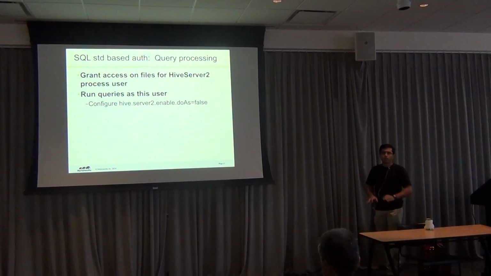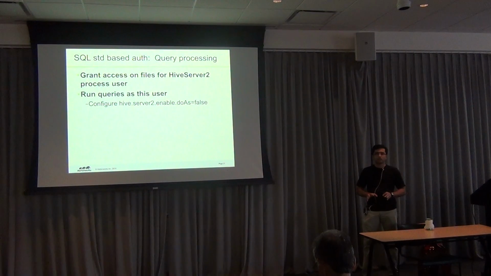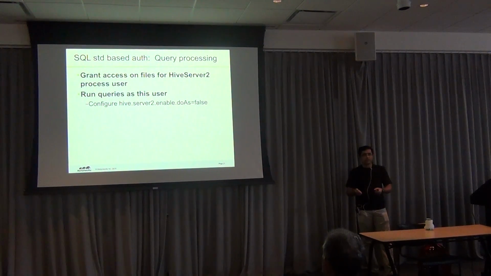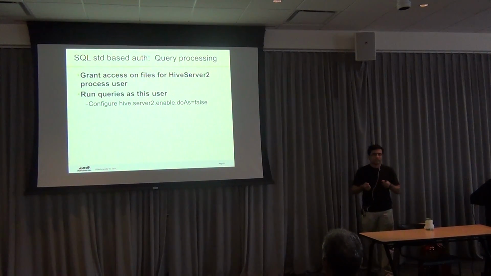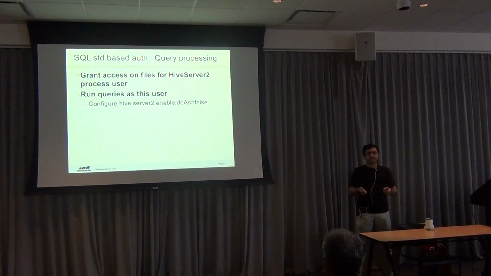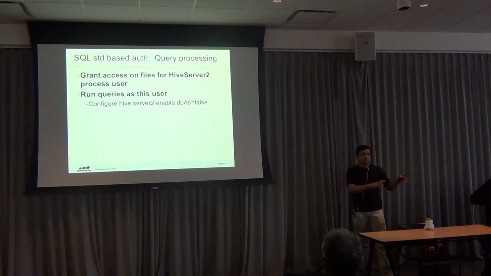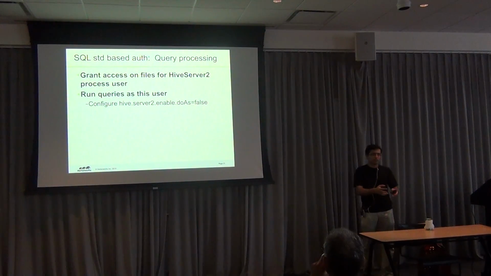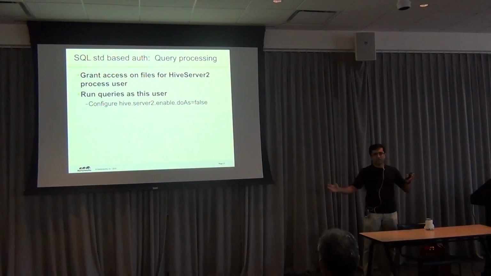Now, how does query processing work with SQL standard based authorization? For the query to be able to process data, you need access on the file system. And you have already been managing the permissions using grant and revoke statements, and you don't want to do that work again managing permissions on the file system.